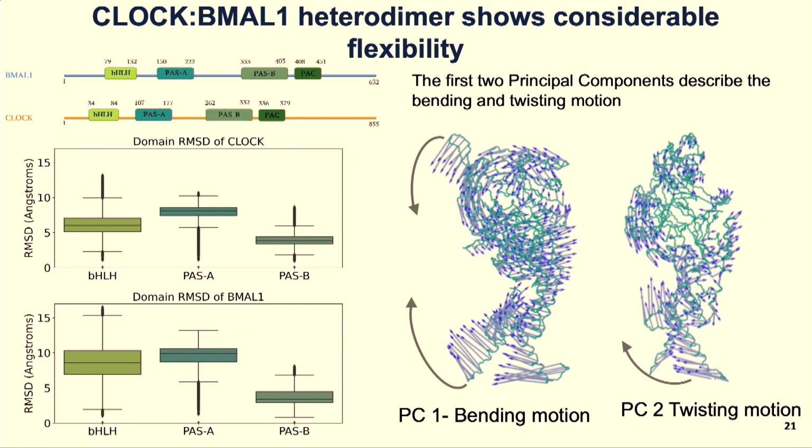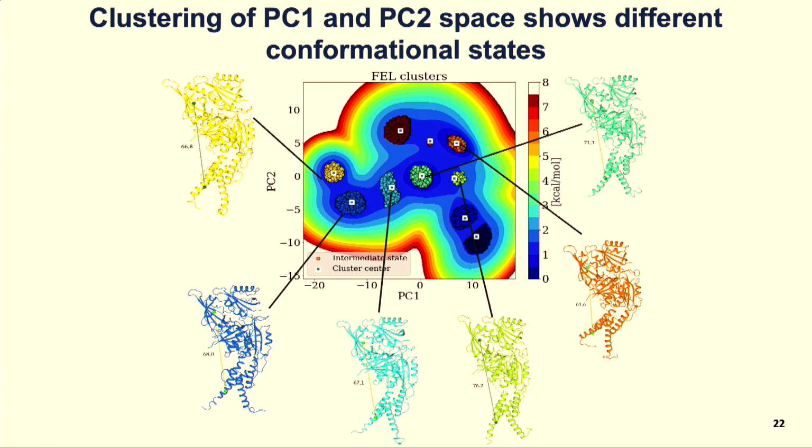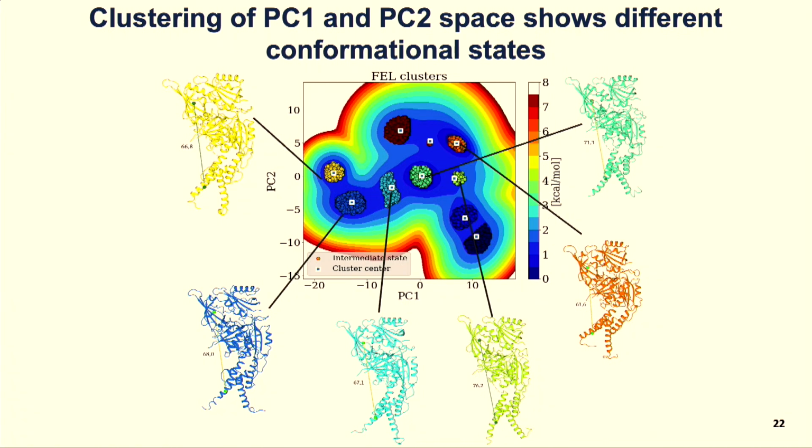So we went ahead, we clustered the PC1, PC2 space. Just the PC1, PC2 space explains around 60% of the overall variance in this total domain motions. And when you cluster this, what you can see are the different conformations which are populated in this entire space.